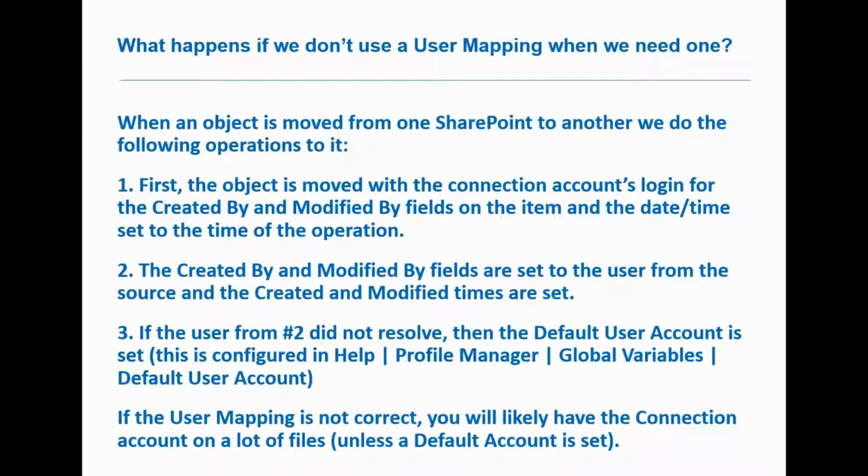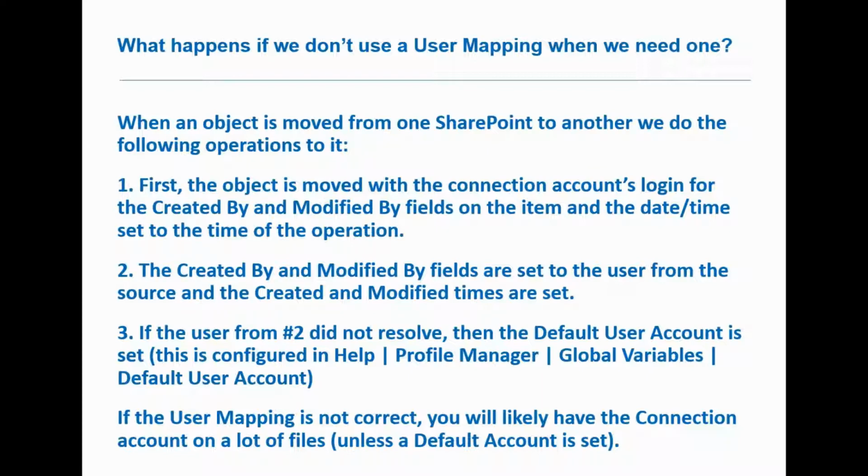Then step two is to set these core values to the times and the users that they should have. Now, it's this part that you're going to run into a problem if you don't have a correctly configured user mapping file. Depending upon how number 3 pans out, you can get different behavior. So number 3 is if we didn't find the user in step number 2, we use a setting that you can set in your profile manager.